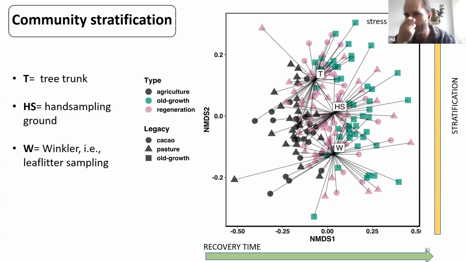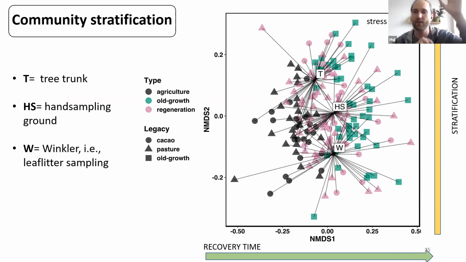First off, I just wanted to give you a quick look into the community composition. This is just species identity, so it has nothing to do with traits yet. You can nicely see the differentiation between the strata. So we have a different community composition depending on which stratum we look at. T is for the tree trunks, HS for the ground, and W is for the leaf litter fauna.